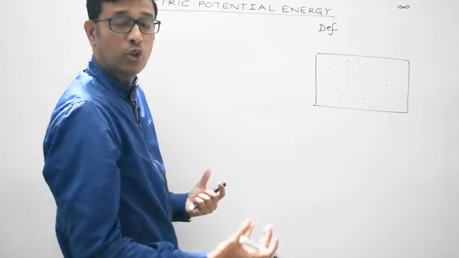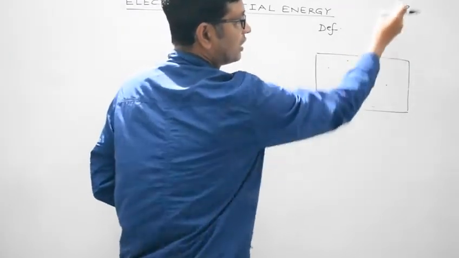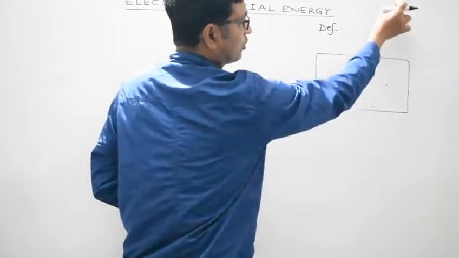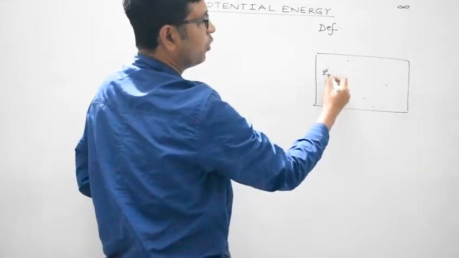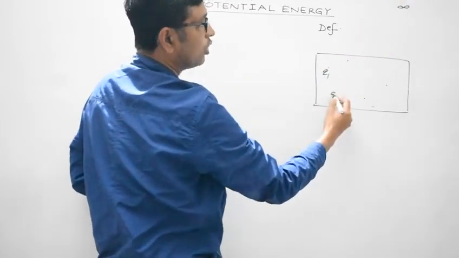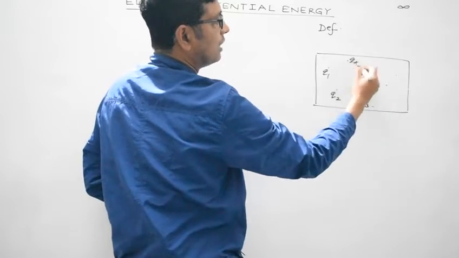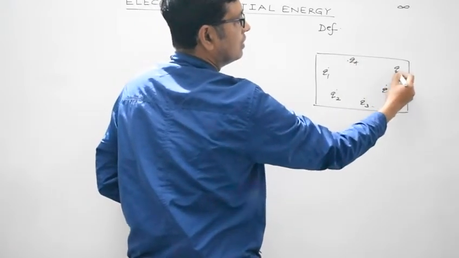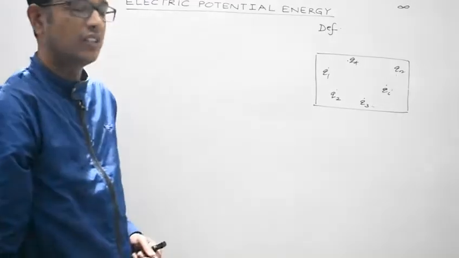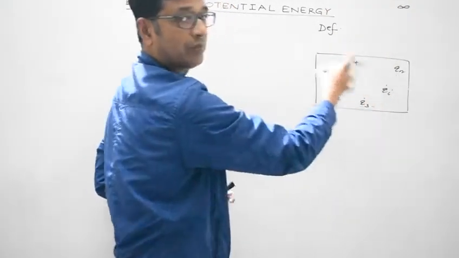Now, some amount of work will be done in bringing all those charges from infinity to their respective locations. Suppose some work is done in bringing Q1 from infinity to this point, and again in bringing Q2 from infinity to this point. So, some finite amount of work will definitely be required to bring the charges constituting the system from infinity to their respective positions.